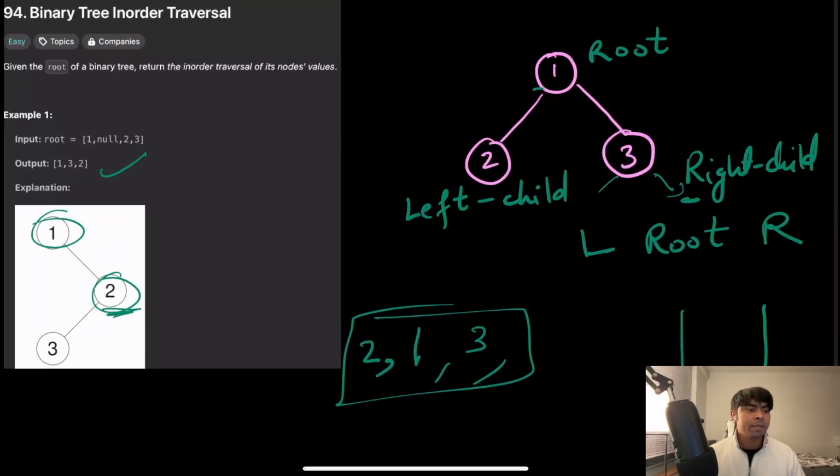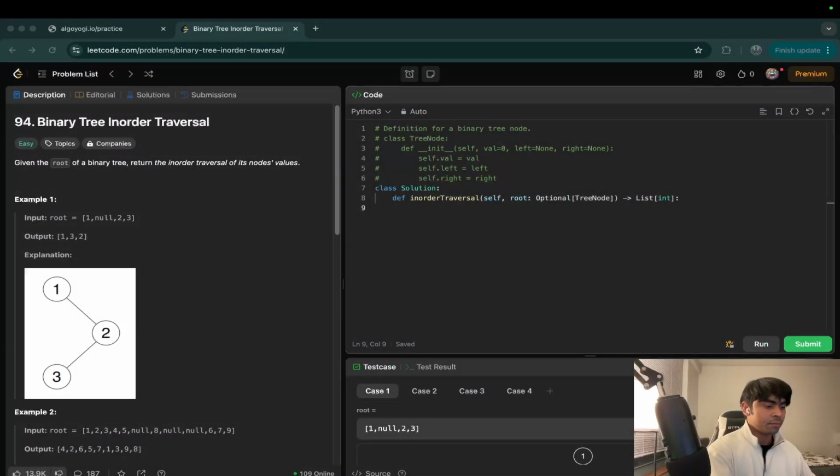Okay, so let's implement our solution without wasting too much time. Now let me switch the view here. I think things will become more clear as we implement our solution.